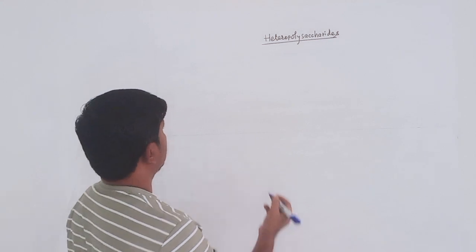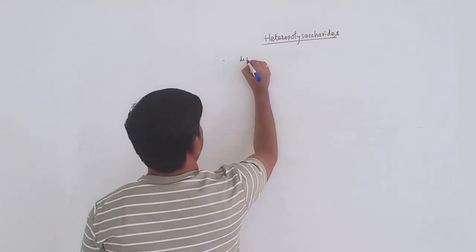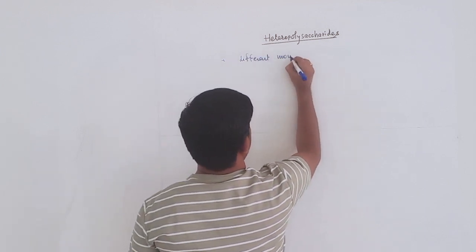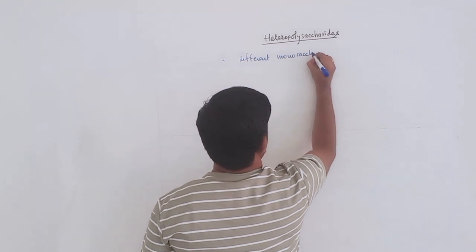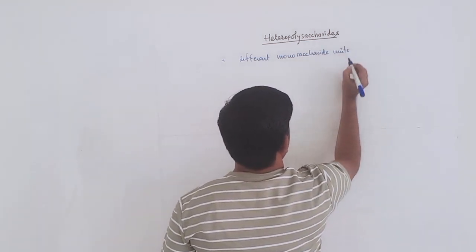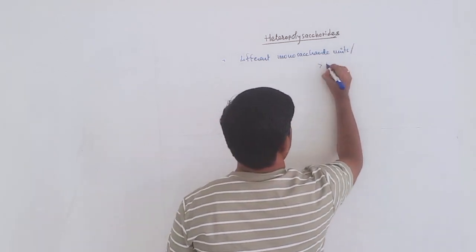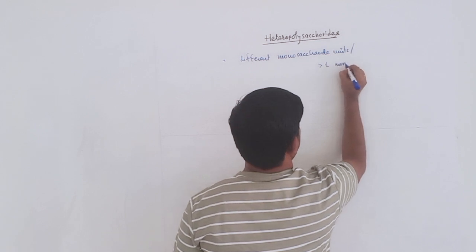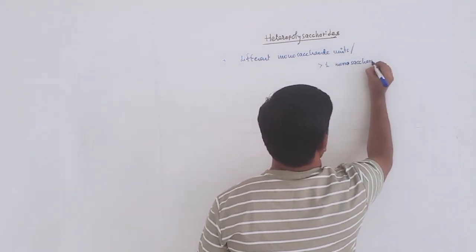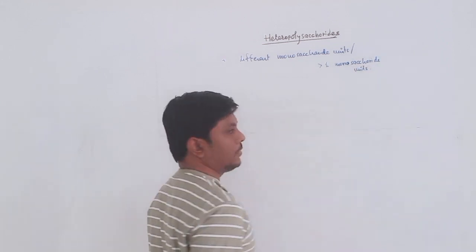So heteropolysaccharides are the polysaccharides which contain different monosaccharide units, or you can say more than one monosaccharide unit, which are different.